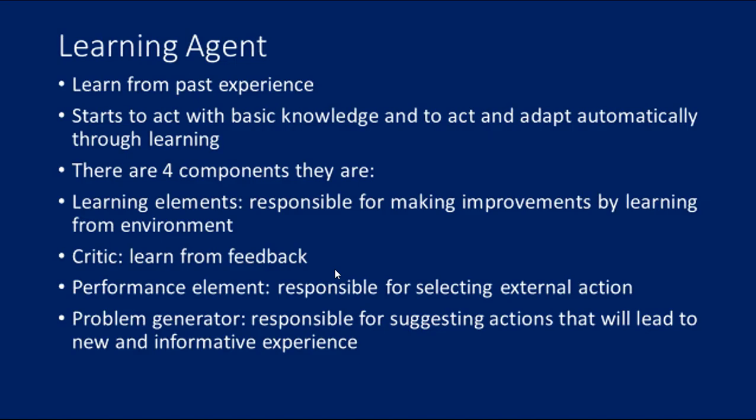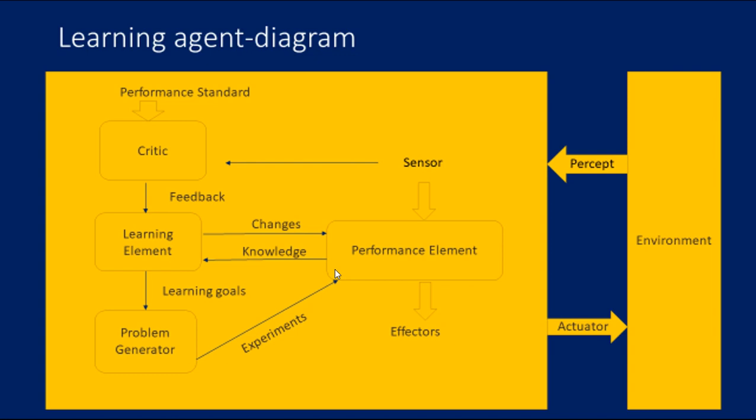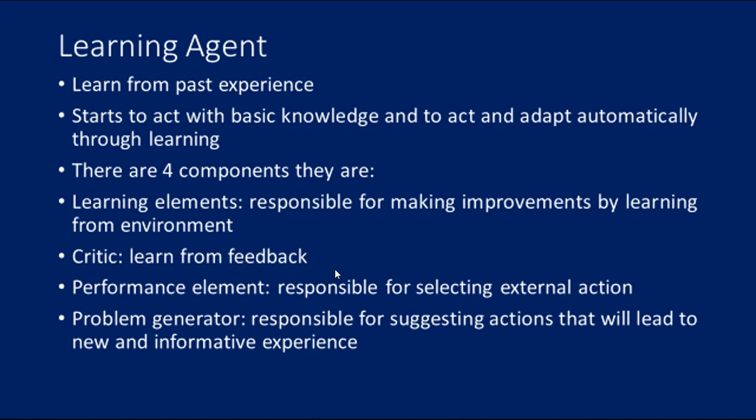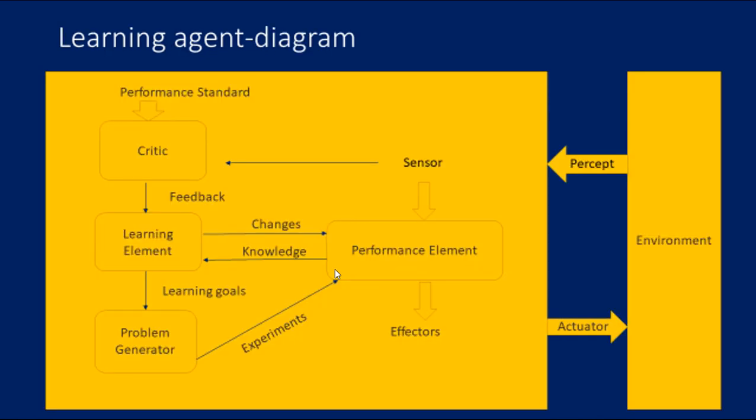The learning element is responsible for making improvements by learning from the environment. That gets into the problem generator, which is responsible for suggesting actions that will lead to new and informative experiences.